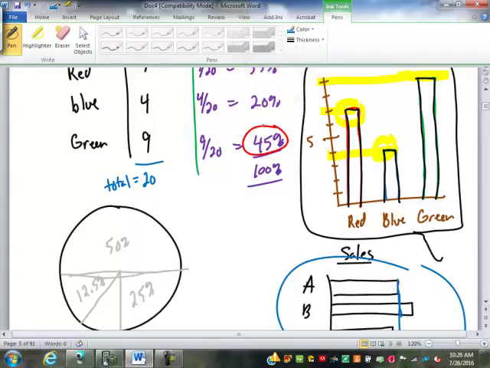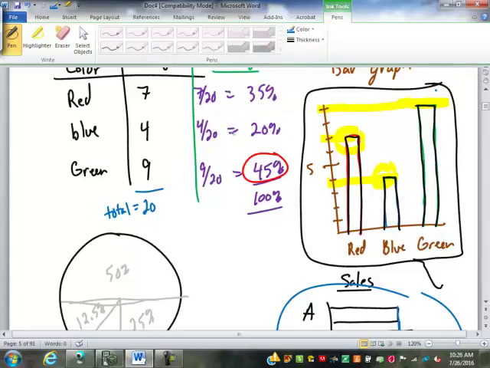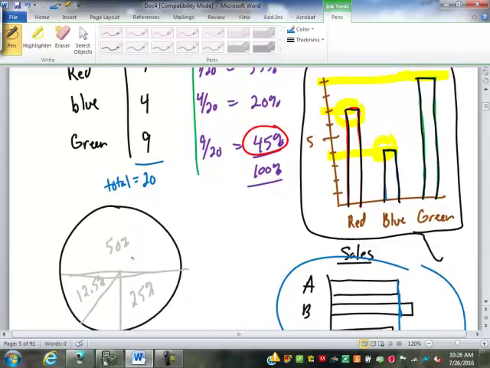So I look up here, 45% is just a little bit less than half. That's my green. 20% is a little bit less than 25, so I'm going to put that there. That's my blue. The rest of this must be red.